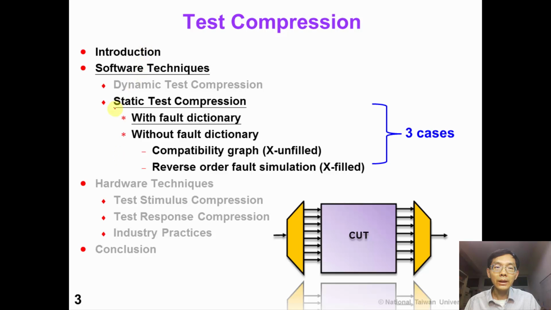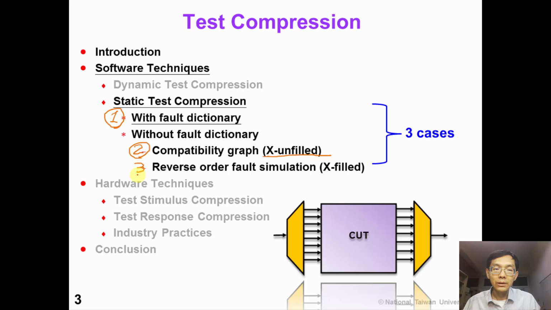In static test compression, we consider three cases. In the first case, we perform static test compression with fault dictionary. If we don't have fault dictionary, then we can also perform static test compression with the don't care bits unfilled.